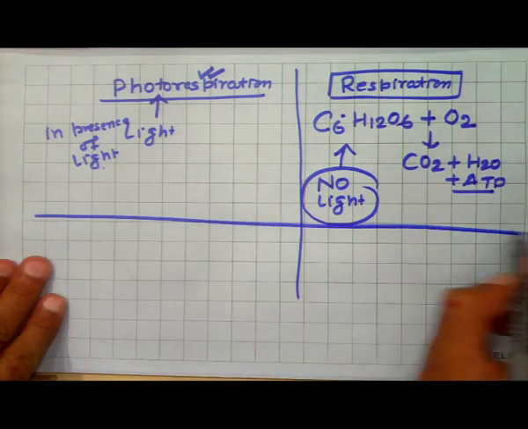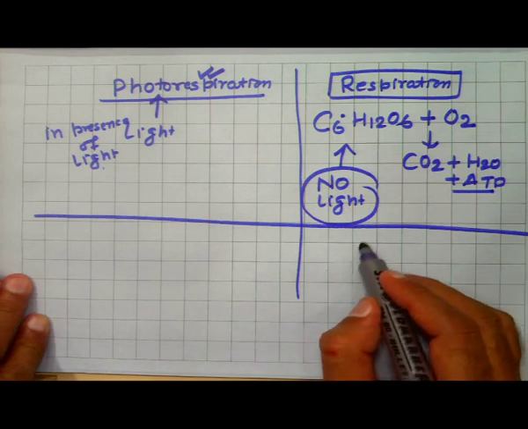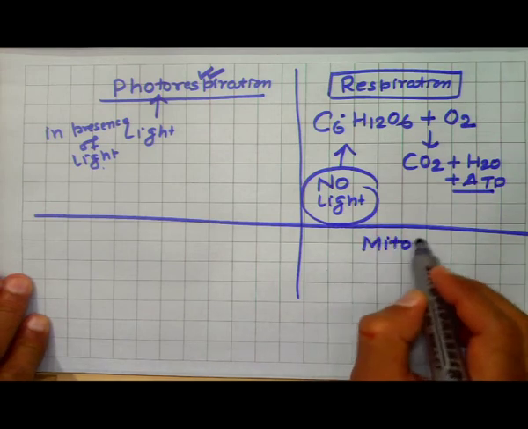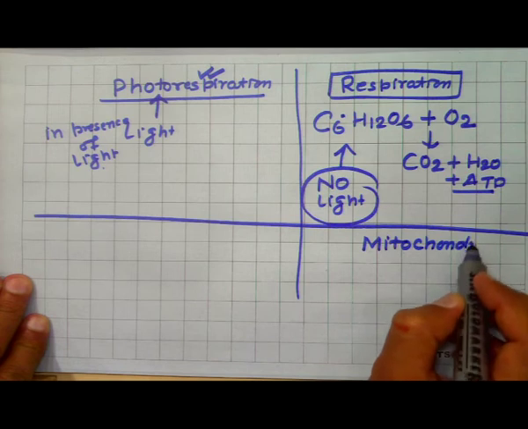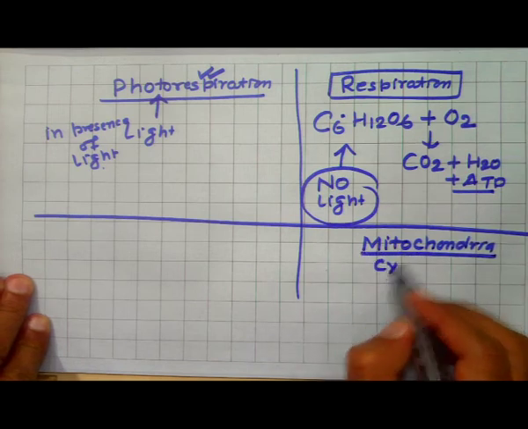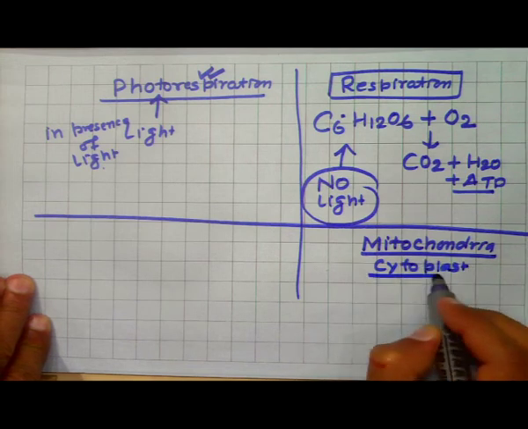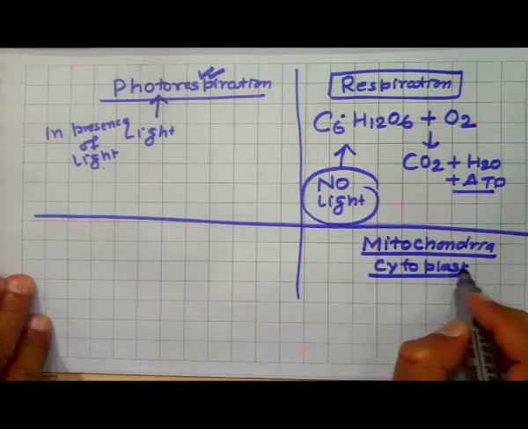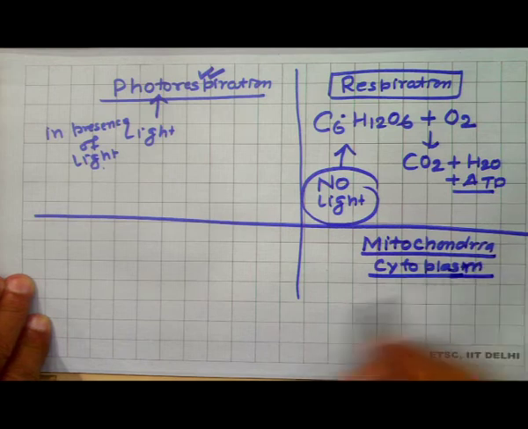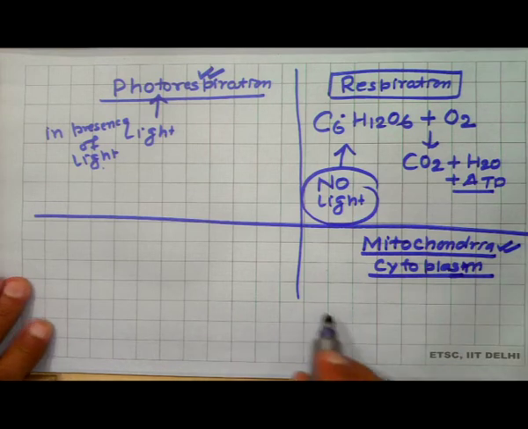The second difference: respiration site is mitochondria, where ATP is formed, and we can say cytoplasm also, because glycolysis takes place in cytoplasm and Krebs cycle takes place in mitochondria.